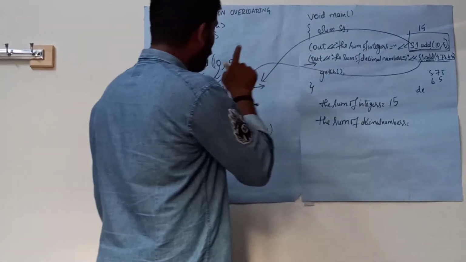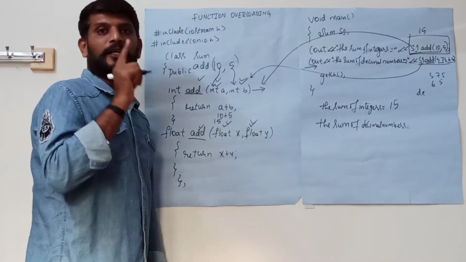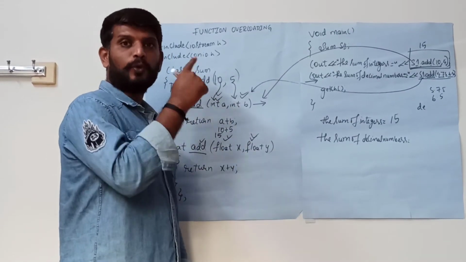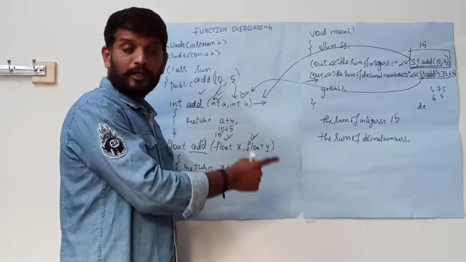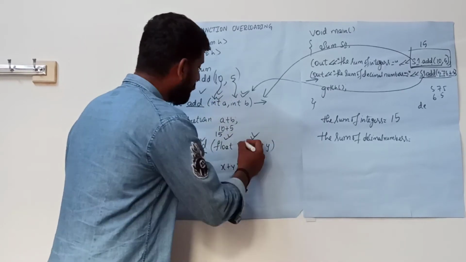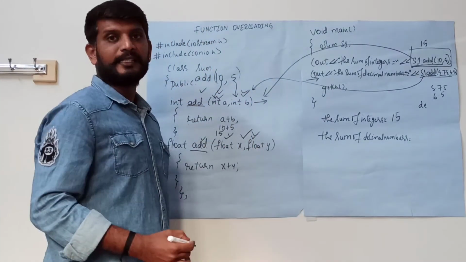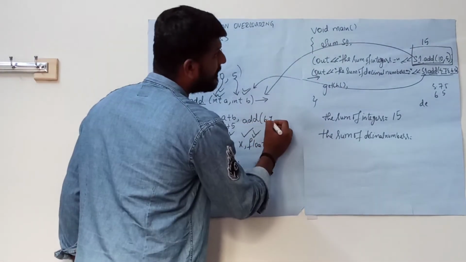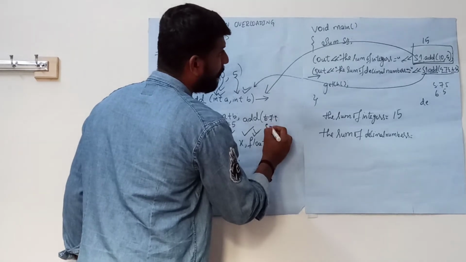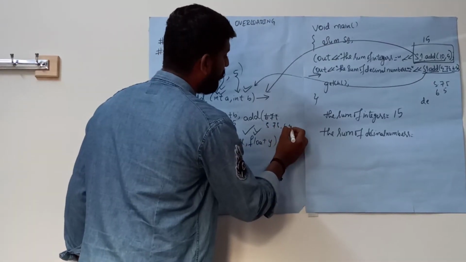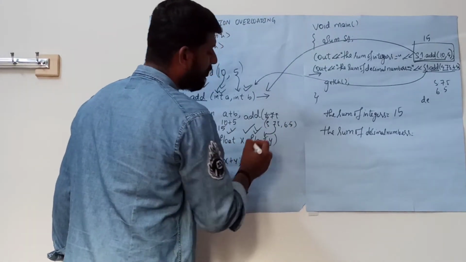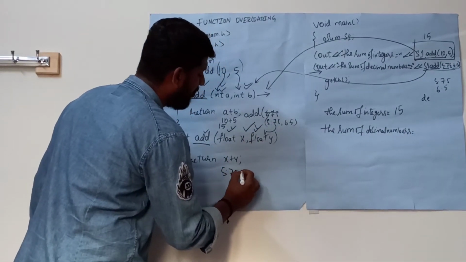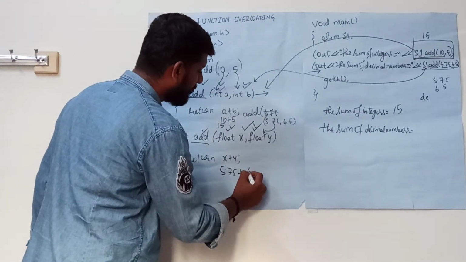So the compiler will check which particular function has the same name add with two arguments and both the arguments are float. So this particular function gets executed. So add of 5.75 and 6.5 will be called. x will be replaced with 5.75 and y will be replaced with 6.5.